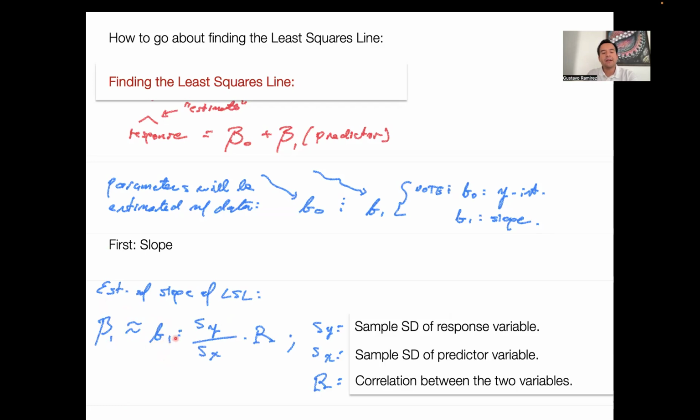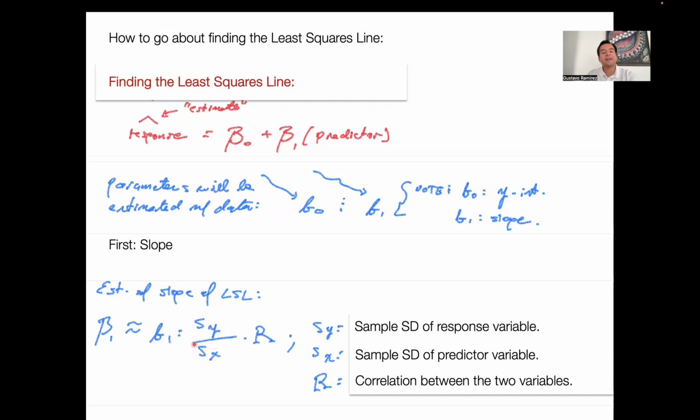And this lowercase b1 is quite straightforwardly estimated by simply taking the sample standard deviation of the response variable, s of y, and dividing that by the sample standard deviation of the predictor variable. Sorry, s of y is the sample standard deviation of the response variable. Yeah, that's correct.